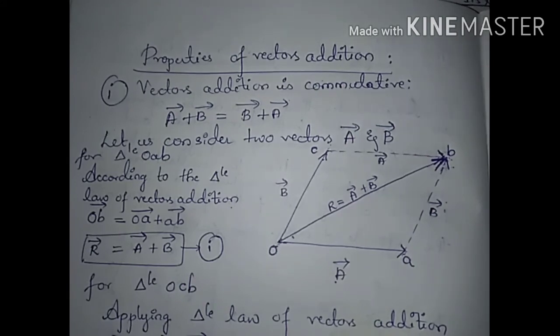So before coming to the properties of vectors addition, you have to be thorough with the triangle law. Try to understand the three laws, that is the triangle law, the parallelogram law and the polygon law of vectors addition.